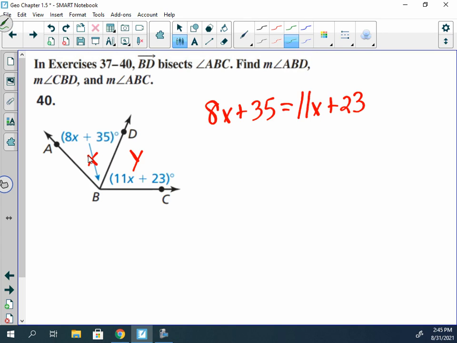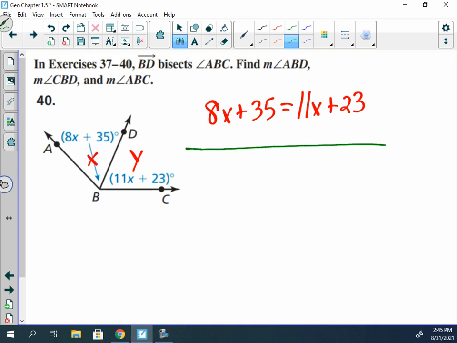Yes? It's a degree. It's telling us it's that 11x plus 23 degrees. That's the measure of the angle. Since it's parentheses around it, the whole thing is degrees.